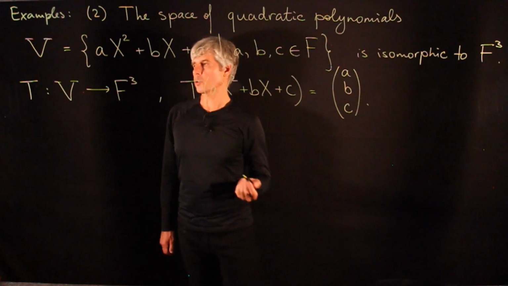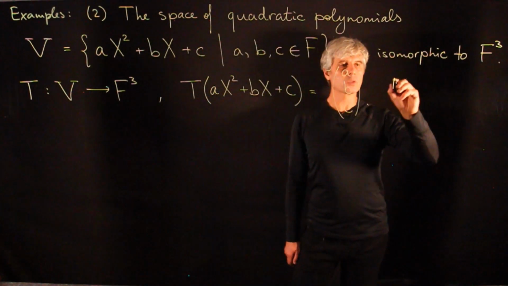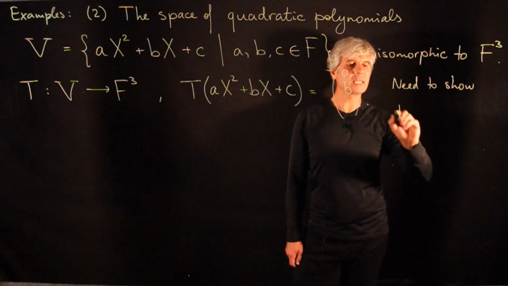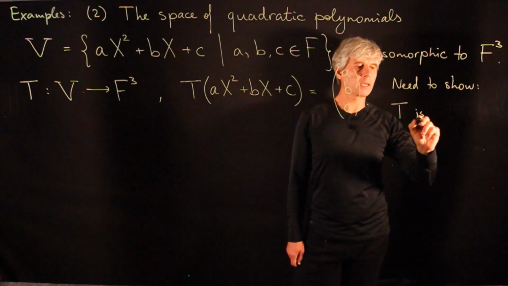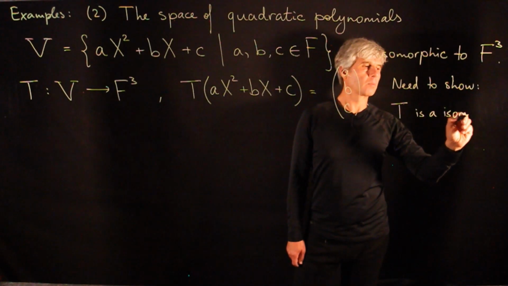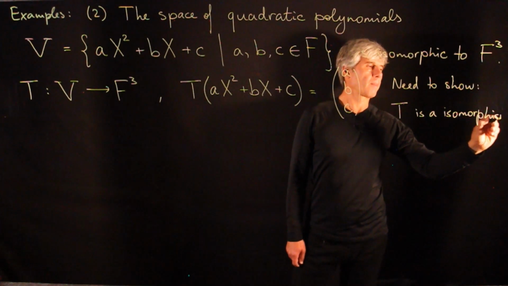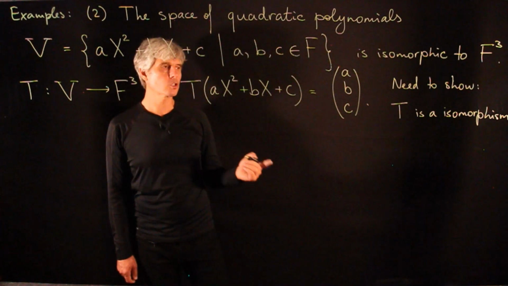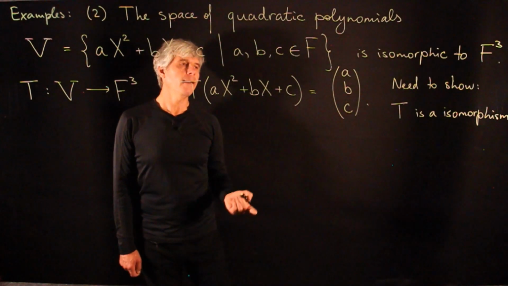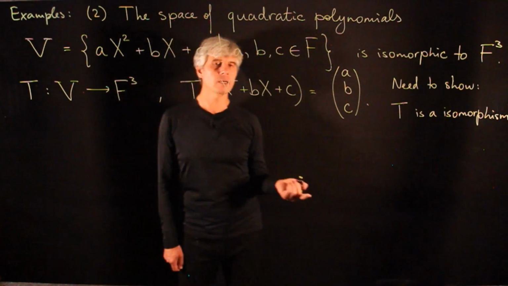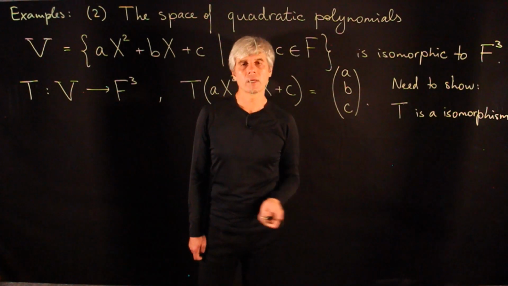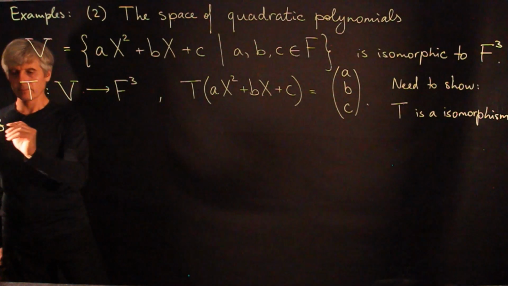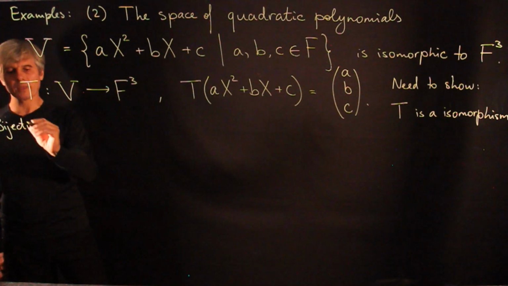And so we need to show that T is an isomorphism, which incorporates three properties. So the first property, we need to show that it's bijective. And then two more properties is that it's compatible with the vector space structure. So bijective. So what does it mean?